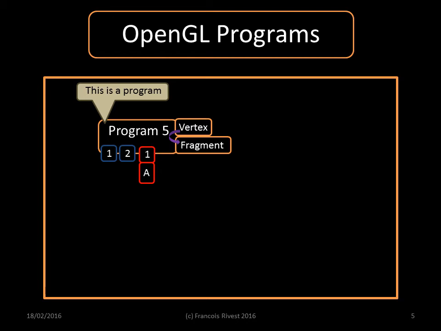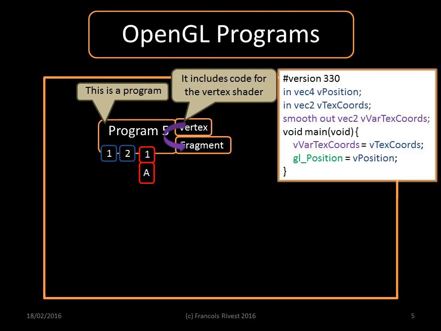Now, this is not everything. You can see that little arrow between the vertex and the fragment shader. This is about variables that can pass from one to the other. So here's an example of a slightly more complex vertex shader. It has two input variables, so two attributes, position and texture coordinate.